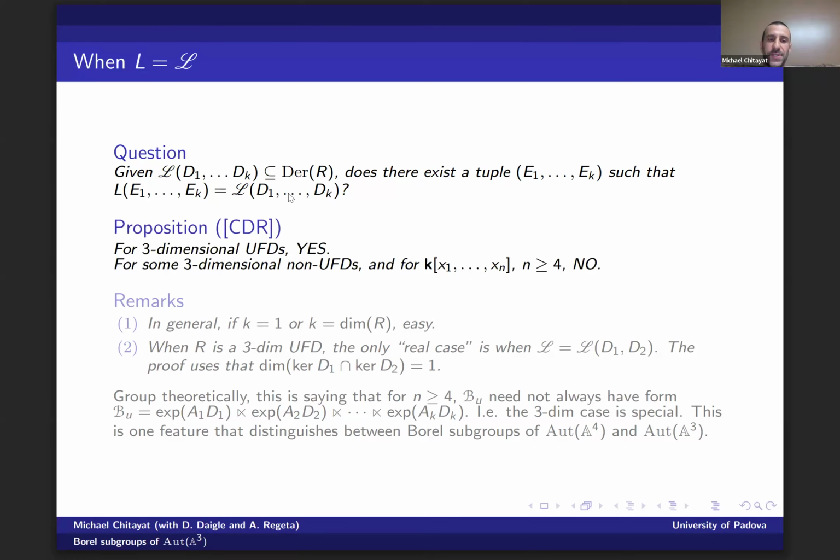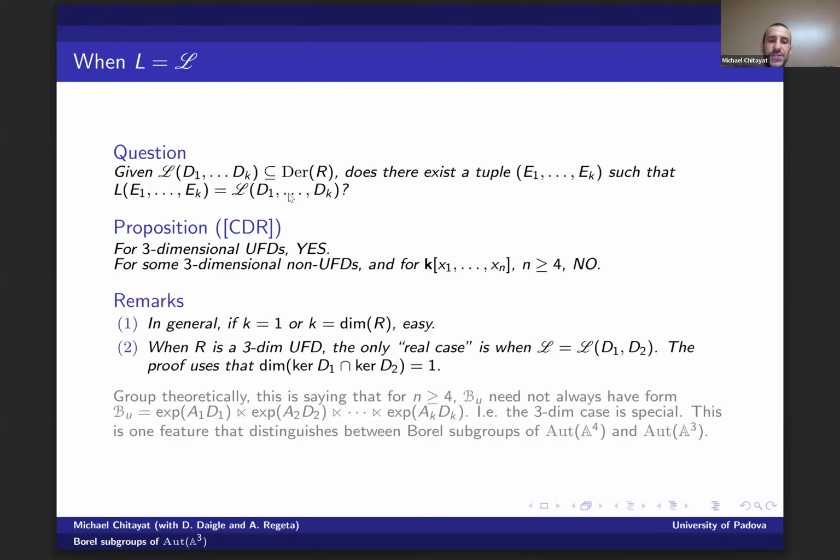And our proposition says that if you have a three-dimensional UFD, you can always do such a thing. If that's not the case, so if you have a three-dimensional non-UFD, you can't always do it. And if you have a polynomial ring for n greater than or equal to 4, you can't do it.